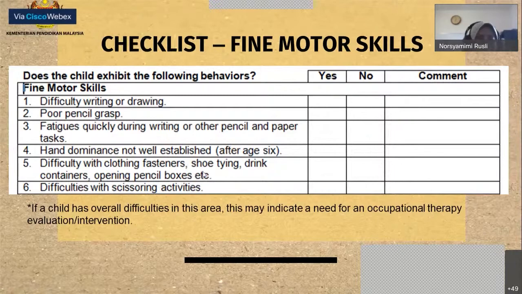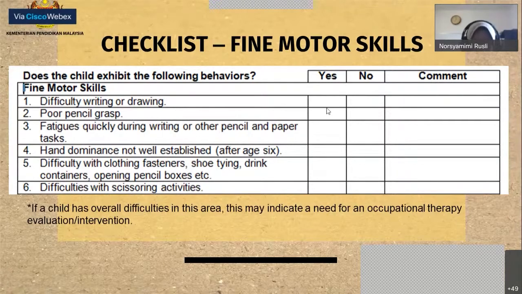Is hand dominance still not there yet, even after the age of 6? Difficulty with clothing fasteners, shoe tying, drinking containers, opening pencil box, and difficulties with scissoring activity.